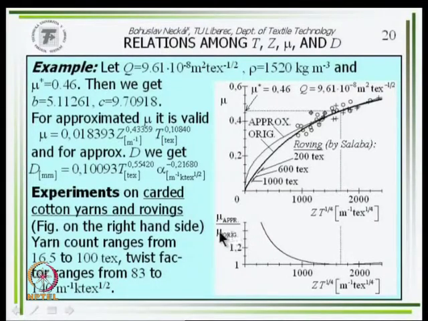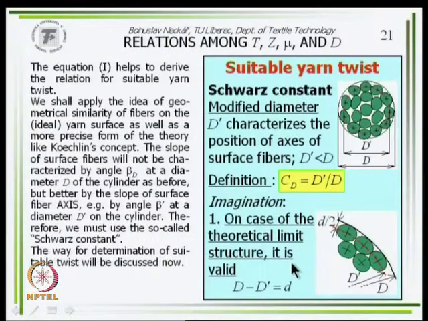Here is the approximation by the original ratio. You can see that in this region, it is a very, very small difference. So we derived an equation for calculation of fiber packing density inside of the yarn.